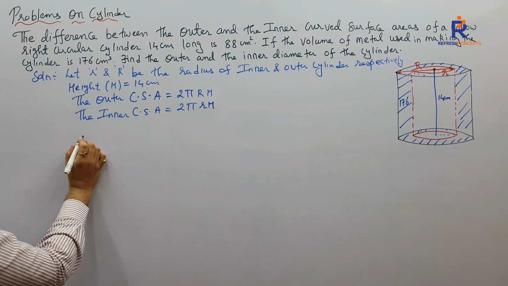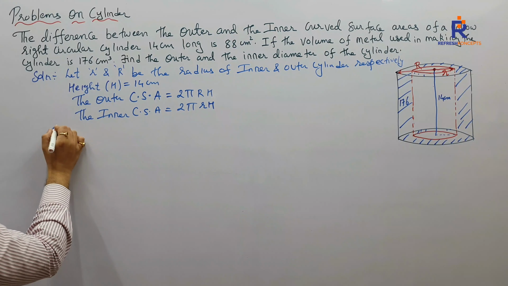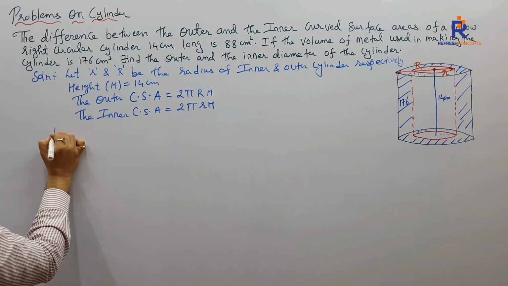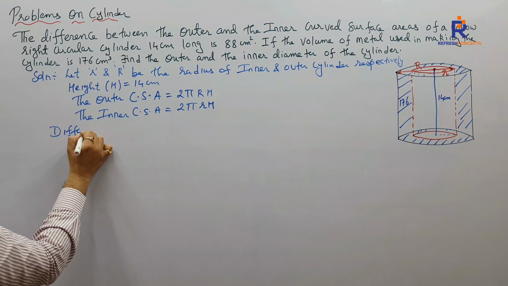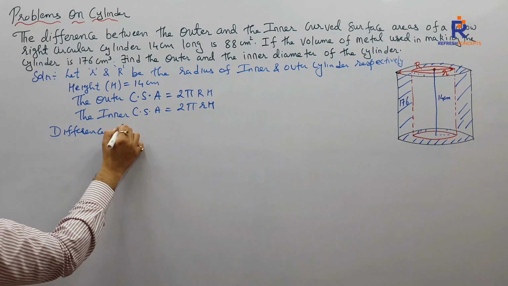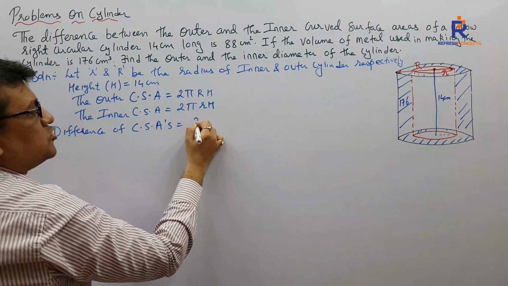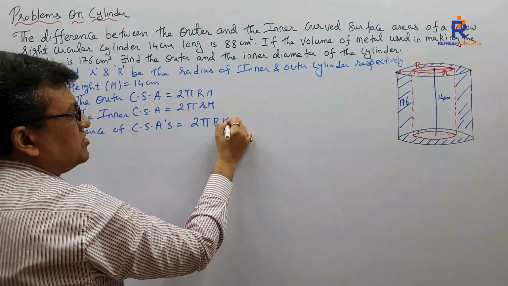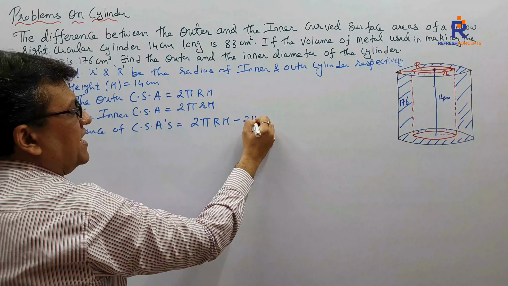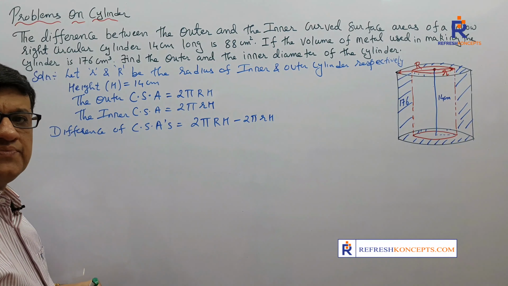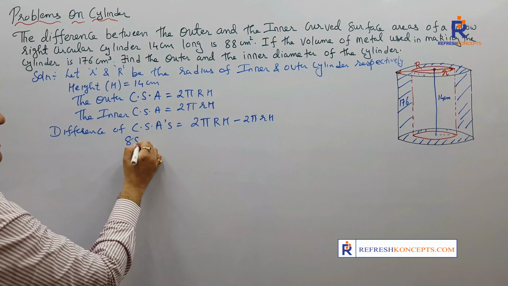Given that the difference between them is 88, can I say the difference of curved surface areas is 2 pi capital RH minus 2 pi small rh, which is 88.